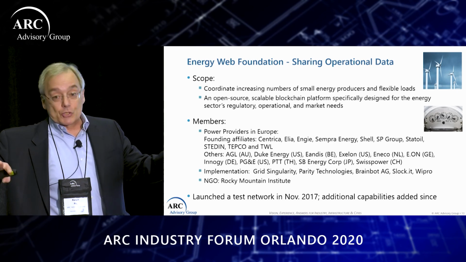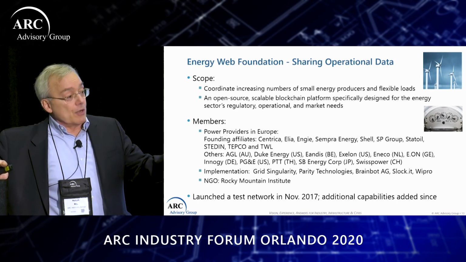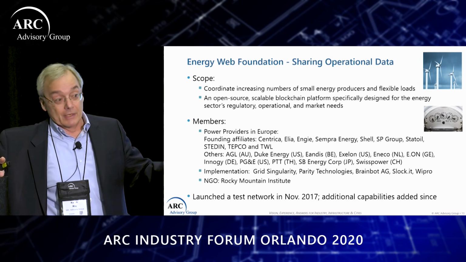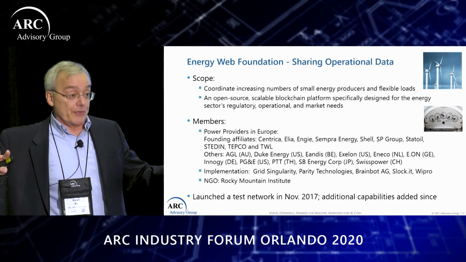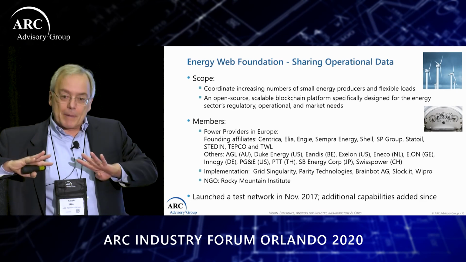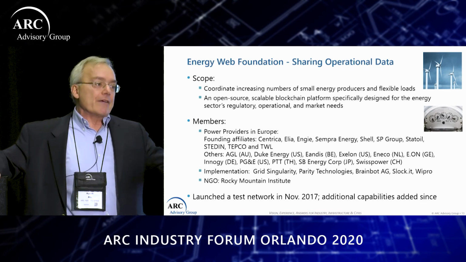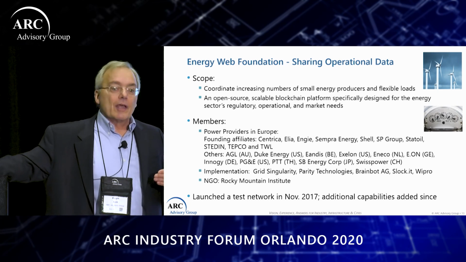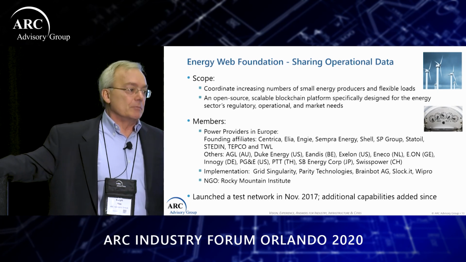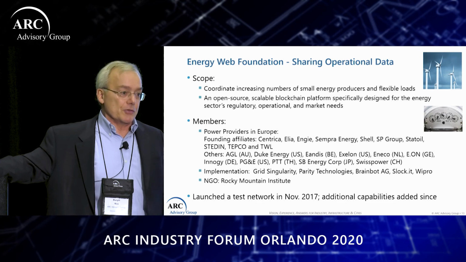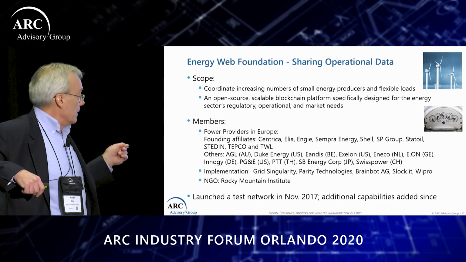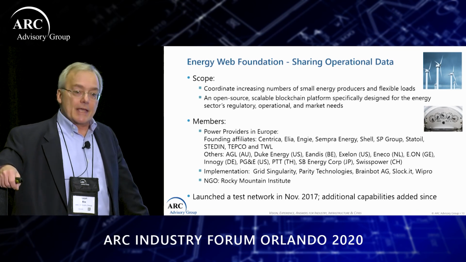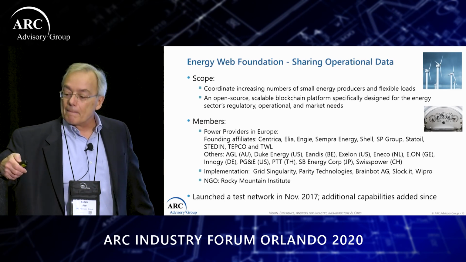Now, there is no storage in the grid, so if on a sunny day everybody started to dump a lot of power into the grid, the grid would fail. By sharing operational data, everybody scales back and they do that equitably, and as a result, the grid is sustainable, doesn't get overloaded, and continues to run.